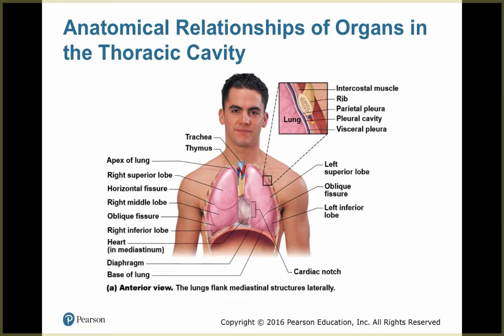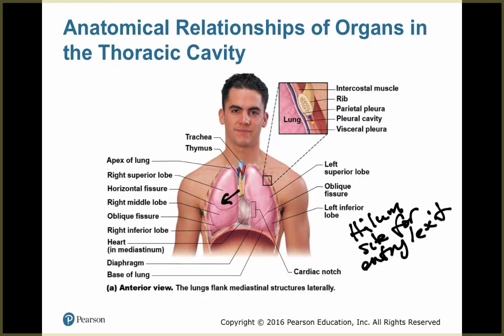Now, it's hard to see in here, but in the lungs, farther down, there's what's known as a hilum. I mentioned this earlier. It's found on the mediastinal surface, and it's the site for entry and exit of blood vessels.